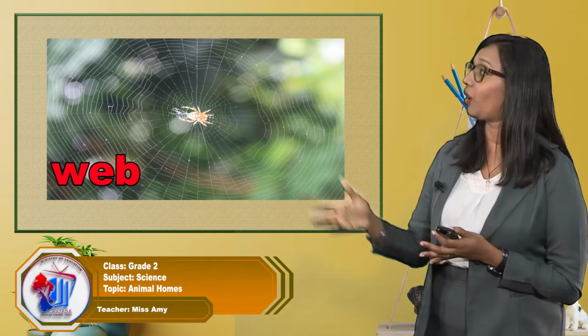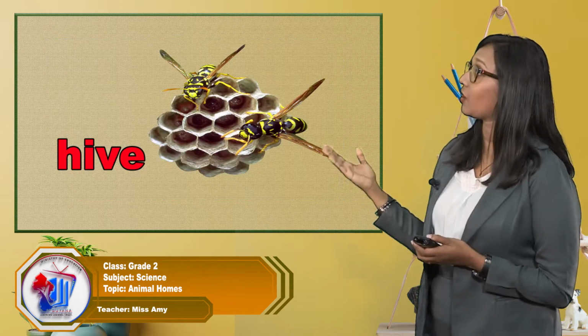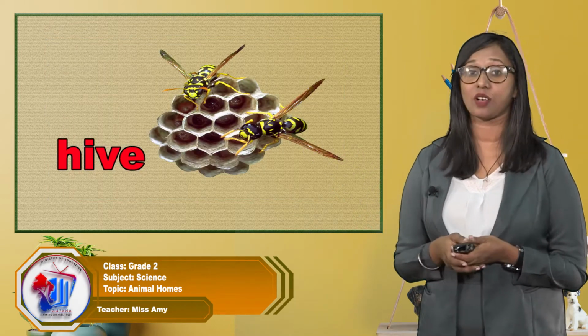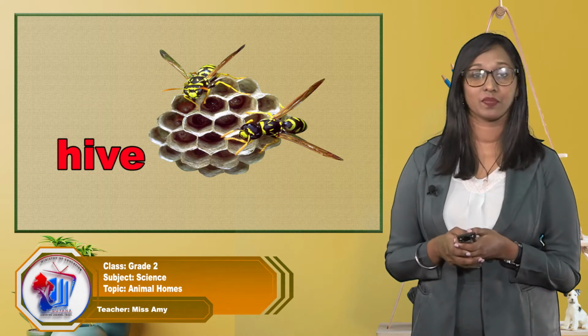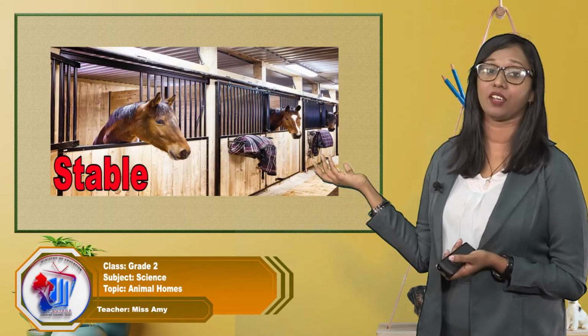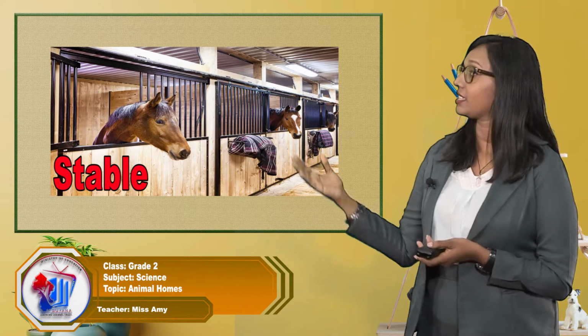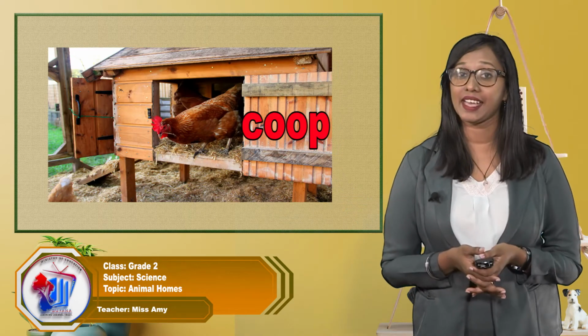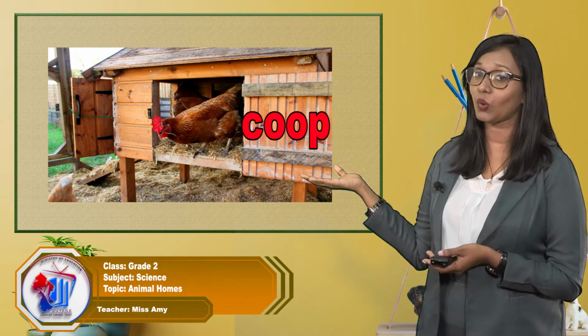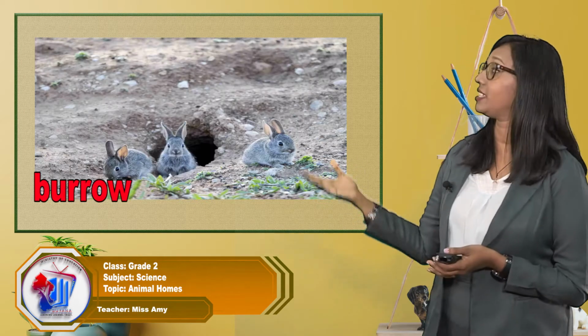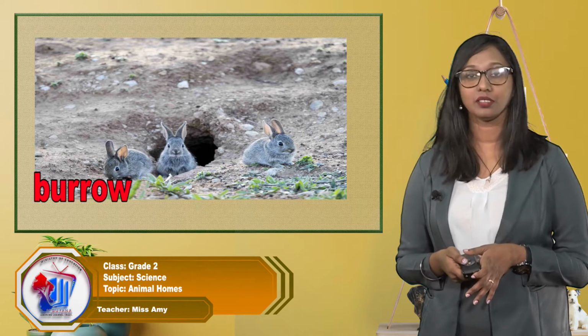The home for a spider is called a web. The home for a bee is called a hive. The home for a horse is called a stable. The home for a hen is called a coop. We have the rabbit lives in the burrow.